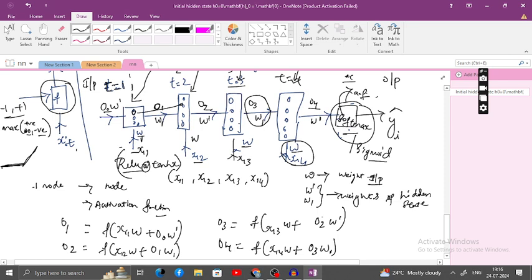The final output of the model, yi dash, is the summation of O1 plus O2 plus O3 plus O4 put together. Correct now?